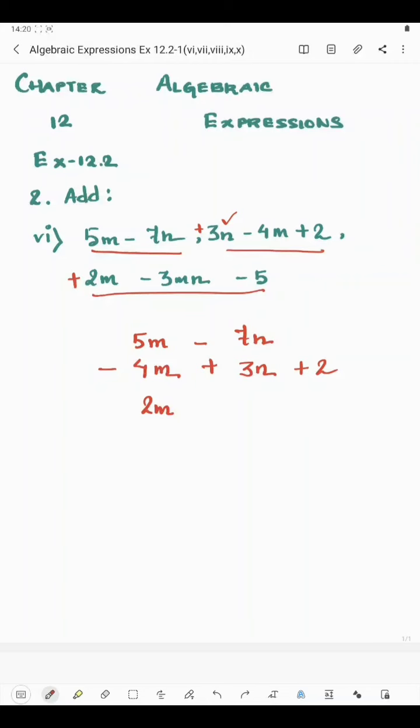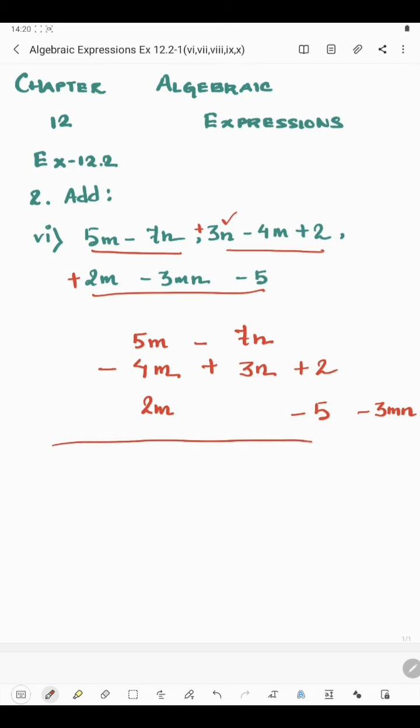Now next we have minus 3mn. Now we haven't got an mn term yet, so we will have to put it at the end, not below any terms. Okay, we will have to put it separately. Next we have minus 5. Now minus 5 is the constant, so we will write it below the constant. So here we have the constant and below this we will write the constant.